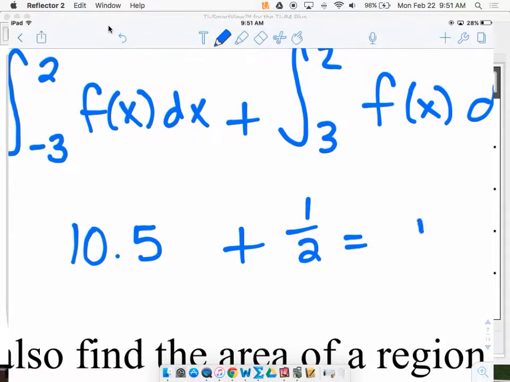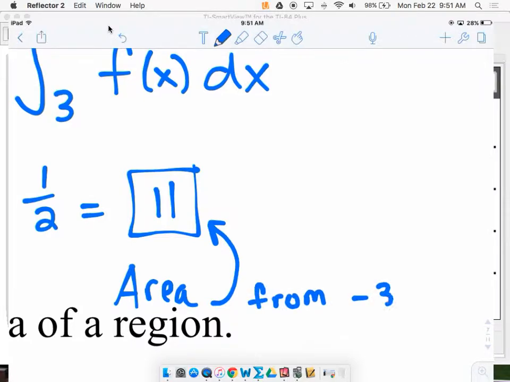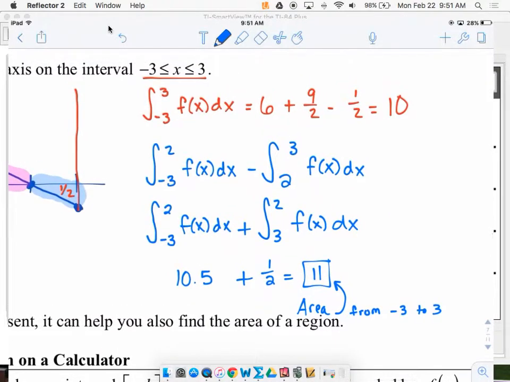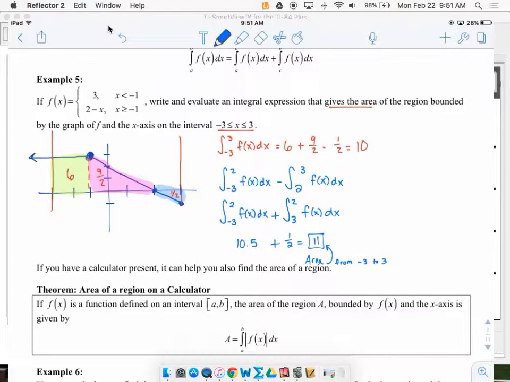So your final answer would be 11. So this here is the area from negative 3 to 3. Just pay attention to what they're asking. If they're looking for area or if they're looking for the integral, it's really two different things.